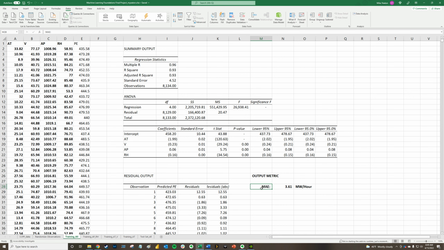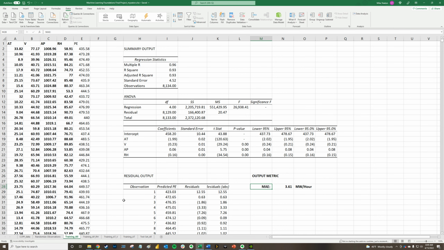And since this seemed to me a pretty good result, it's less than 1% of the overall output of the system. Also, I can see up here that I had a 0.96 correlation between the predicted values and the actual values from the observations. So I'm pretty confident that this looks like something that would satisfy the client.